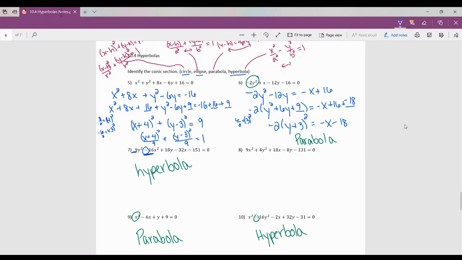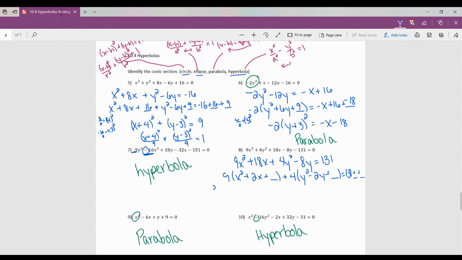So now I do one more completing the square, and this one I'm actually going to roll through the whole process. 9x squared plus 18x plus 4y squared minus 8y equals 131. I'm going to factor out the 9, so I get x squared plus 2x plus blank. I'm going to factor out the 4, plus 4 times y squared minus 2y plus blank, equals 131 plus blank plus blank.